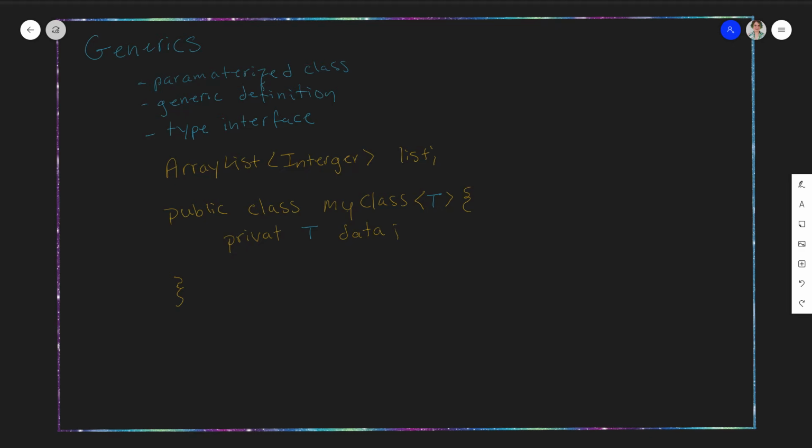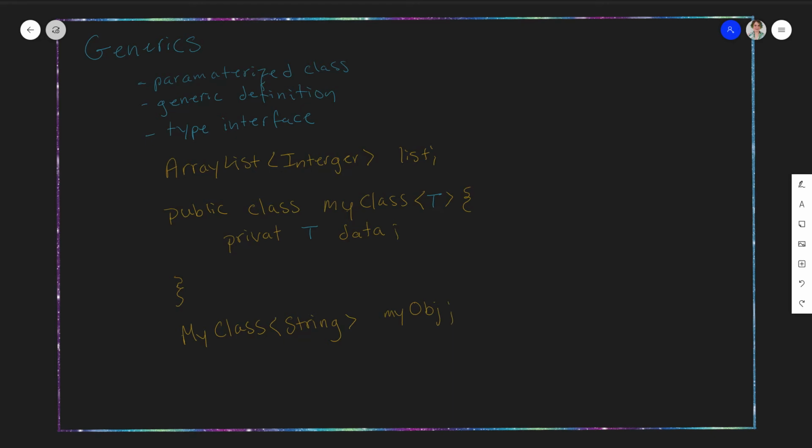So if I did something like, let's say we had a new my class, we would instantiate it in the same way that we did that array list. So let's say we wanted to put a string in here, we could do that. Put string, and then we would put our variable name, so my object.